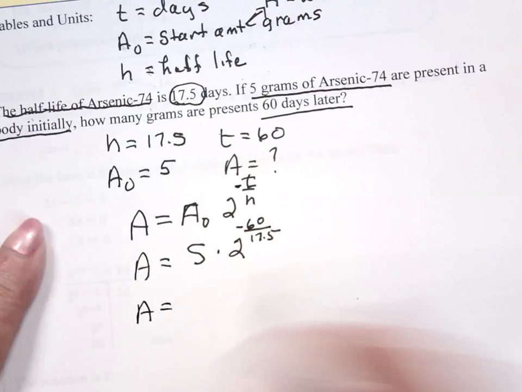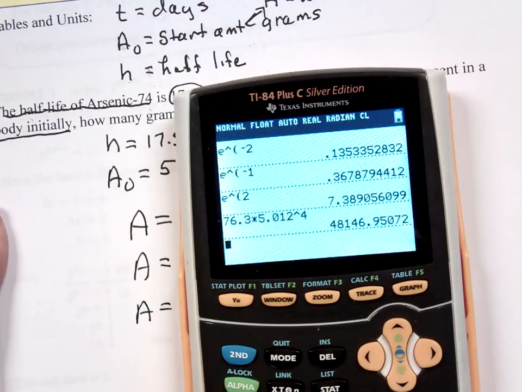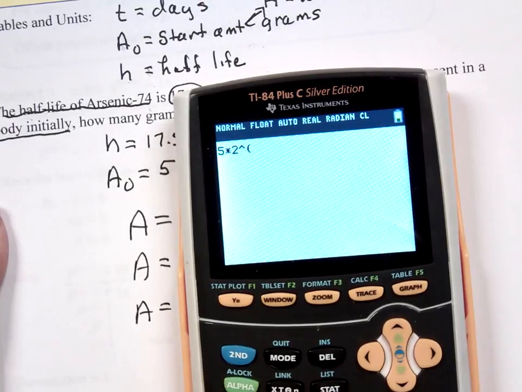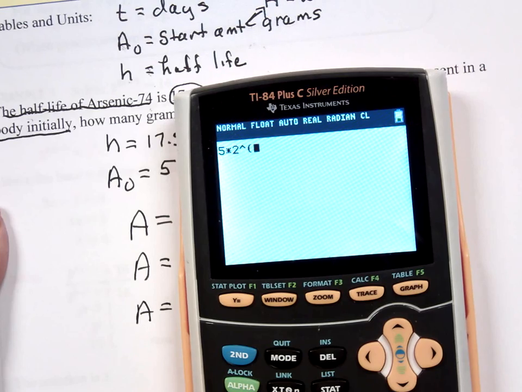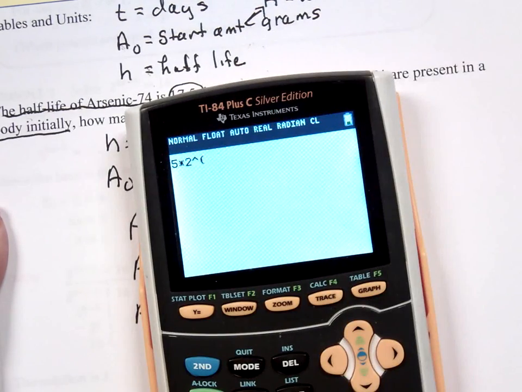So A is 5 times 2 to the, now I'm going to put parentheses in, unless you're in pretty print, and it's going to be negative 60 divided by 17.5, that much I remember.